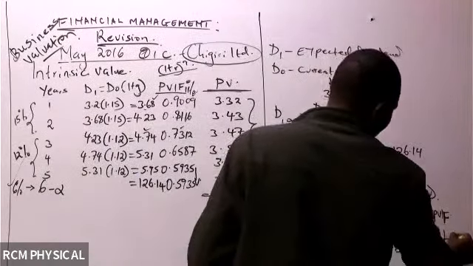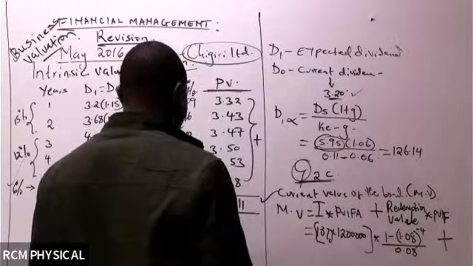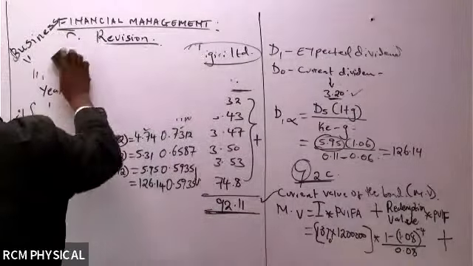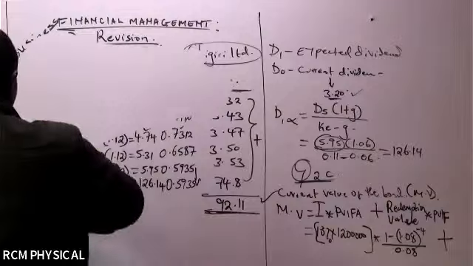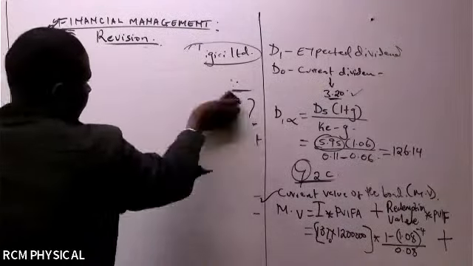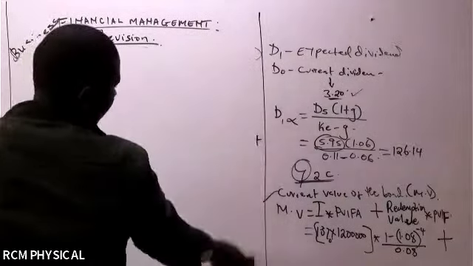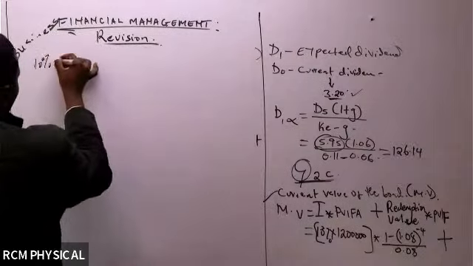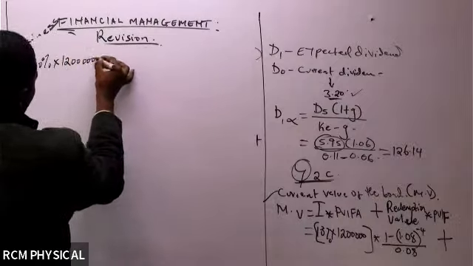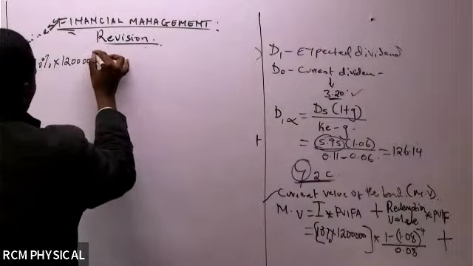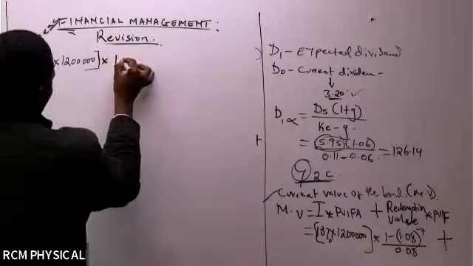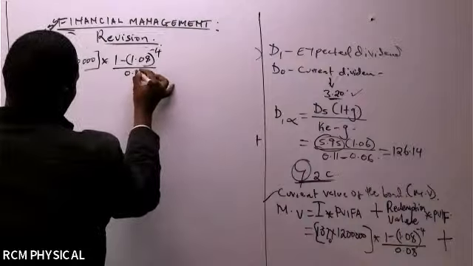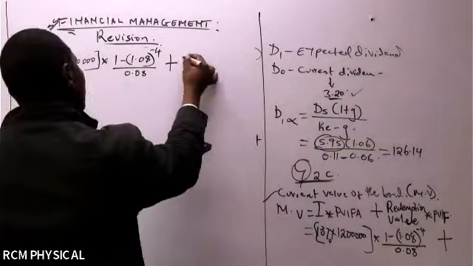We need to adjust this. This is 10% of 1,200,000 multiplied by 1 minus 1.08 to the -4 divided by 0.08, plus the redemption value.